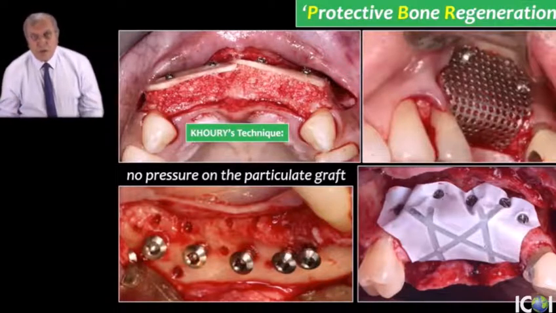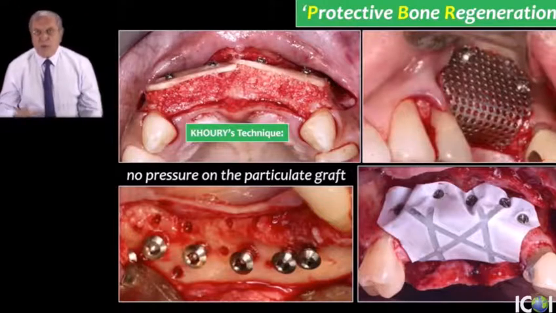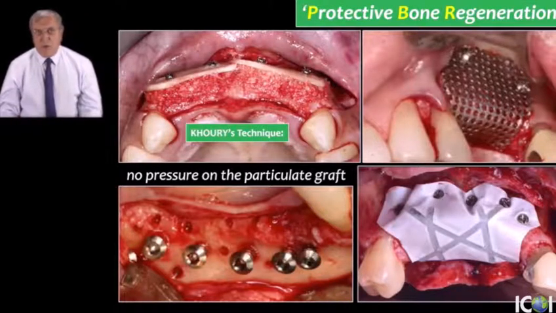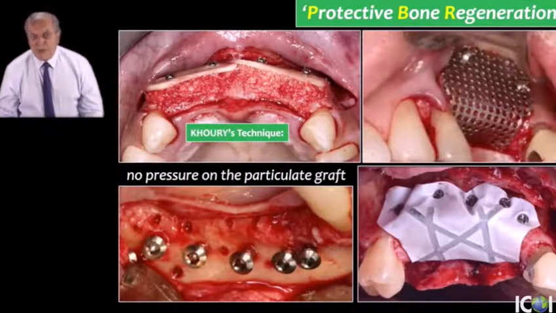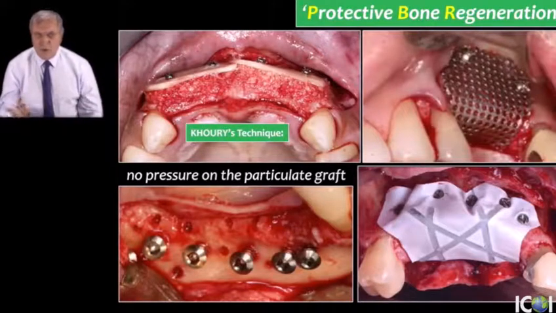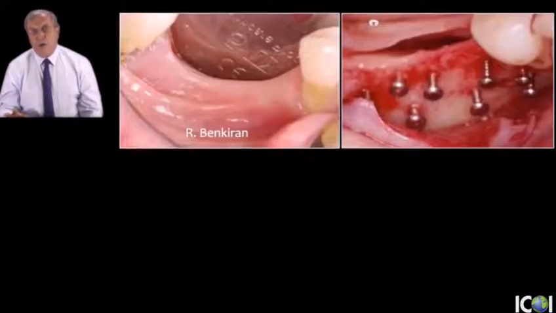When you use a titanium mesh, the objective is to protect the bone graft against the pressure from the soft tissue. When we use a screw, or a reinforced PTFE membrane, the concept is the same, and this is why all these techniques are working well. You can select what you want, but you must follow the concept to protect the bone from the compression of the soft tissue.